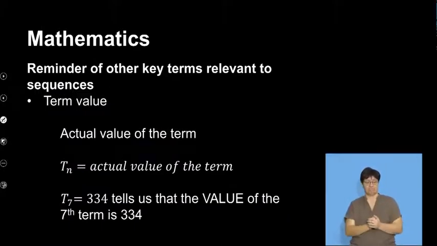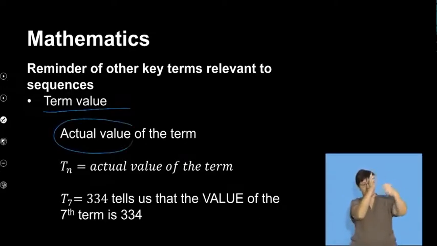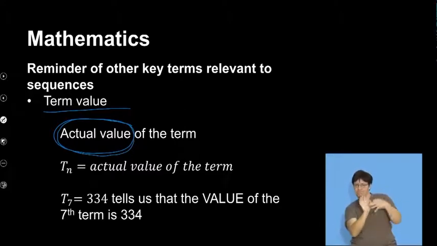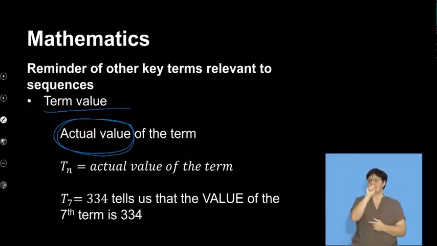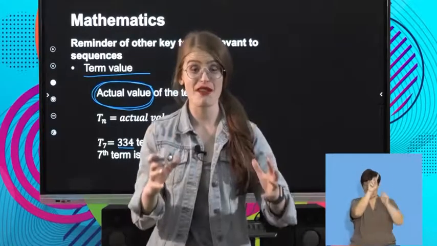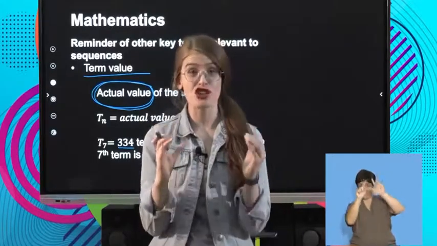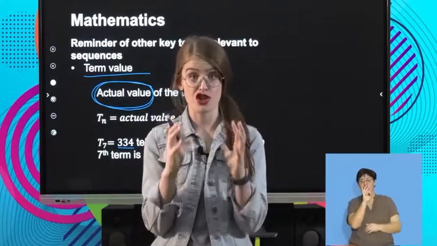Then we move on to the definition of term value. Term value refers to the actual value of the terms. This is not the term number. This is the actual value of this term. So if I say T7 is equal to 334, I hope that everyone's with me, that means that the seventh term has an actual value of 334.